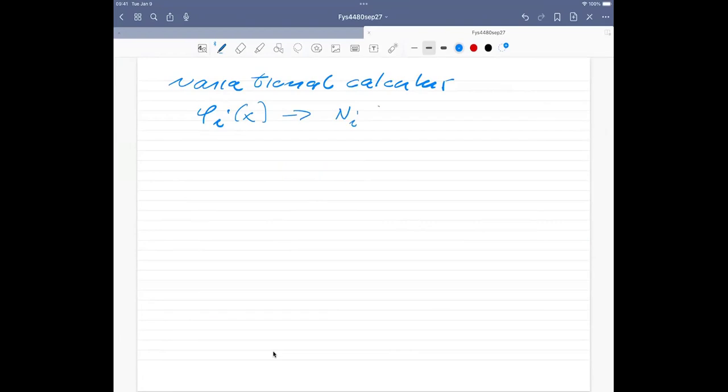And this wave function changes now to its original one plus some delta phi of i of x. And then we need to define what this one is. And in this specific case, we can now assume that this i is smaller or equal to the states up to the Fermi level, which we also labeled as an n here.